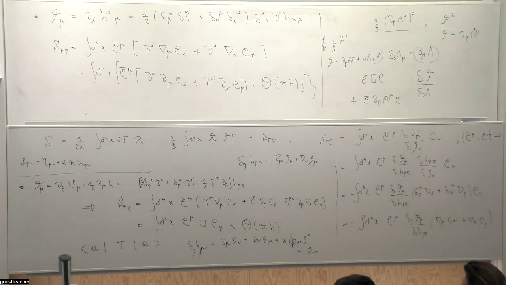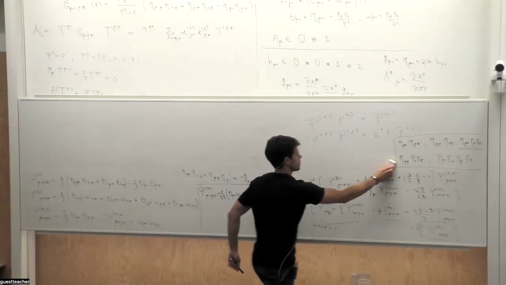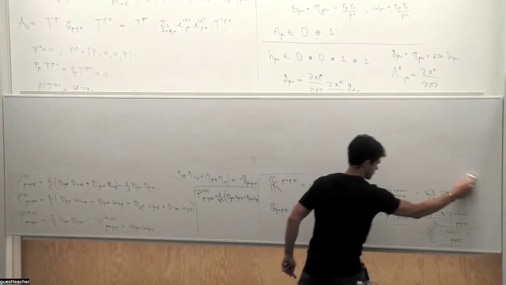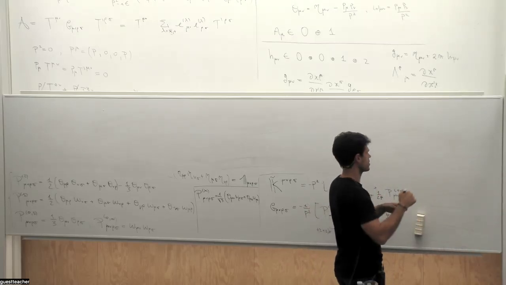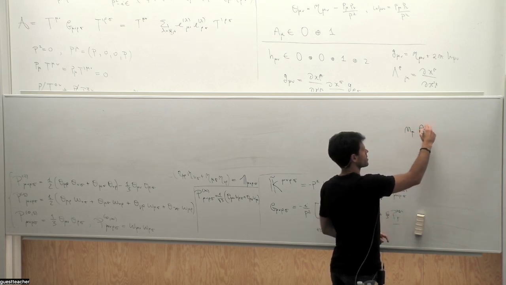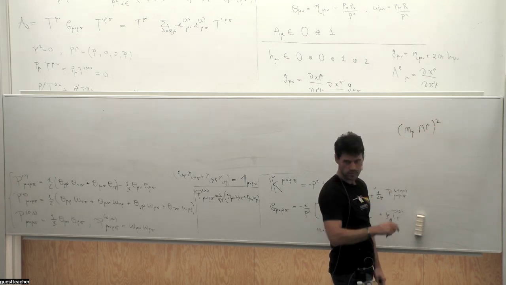Okay, I think let's start again. Yeah, let me just mention, since you mentioned axial gauge, I think when you impose axial gauge, we'll add something like this with some n^mu in some direction.